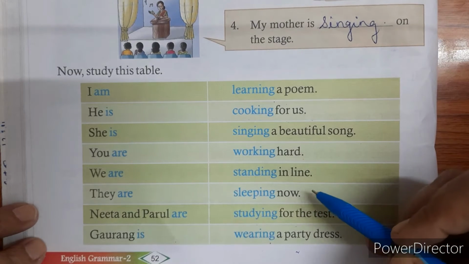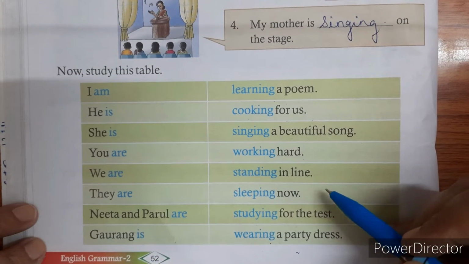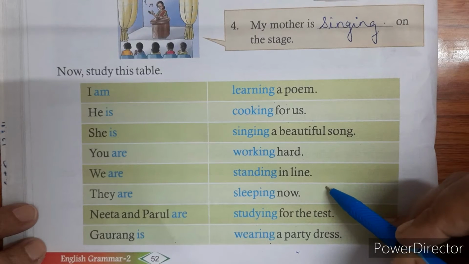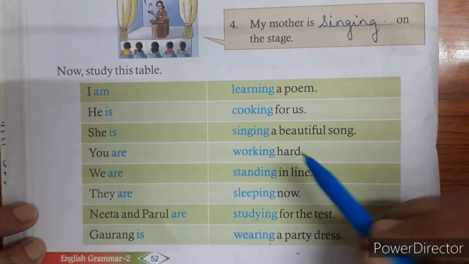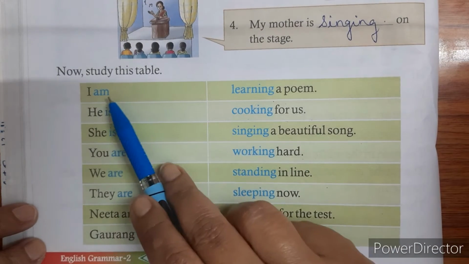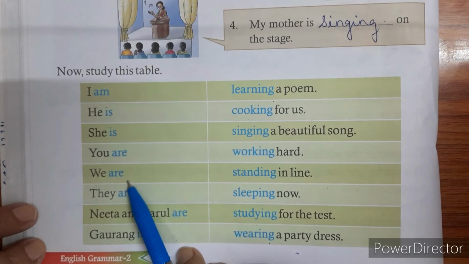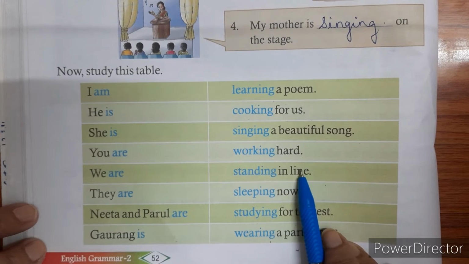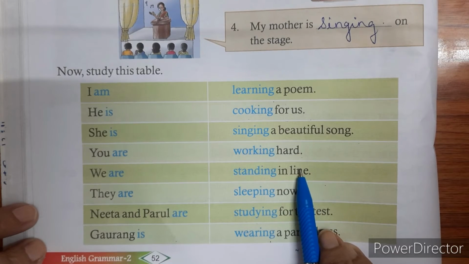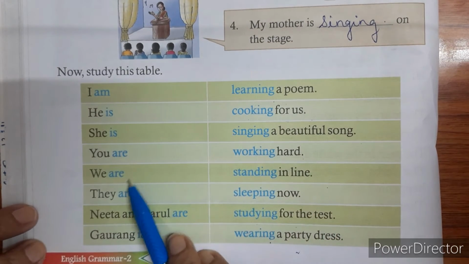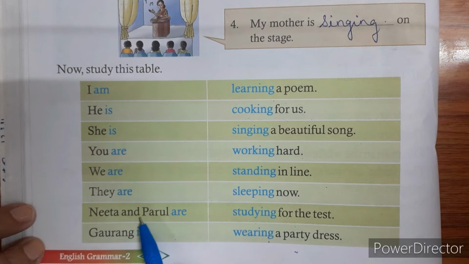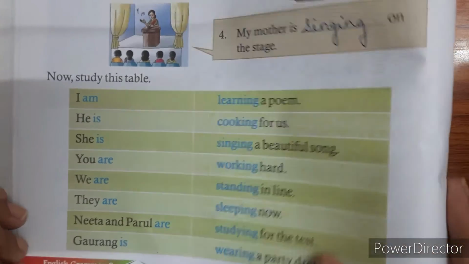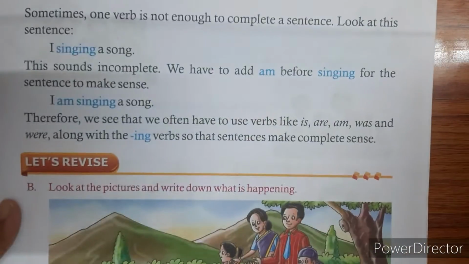So, sometimes one verb is not enough to complete a sentence. So, sometimes we have to add these verbs am, is, are to the other verb, the main verb, to make complete sense of the sentence. So, am, is, are, these are all helping verbs. What verbs are they? They are called helping verbs. So, turn to page number 53.